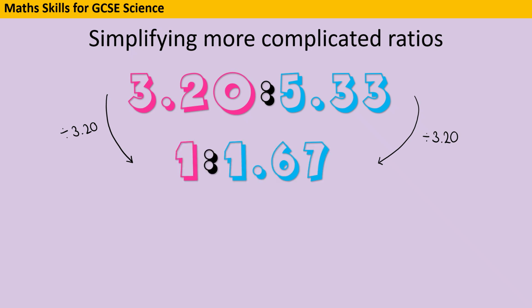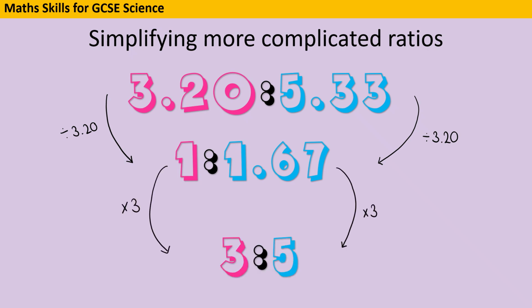So that then gives me a ratio of 1 to 1.67. Now that's still not a whole number ratio, but hopefully you can identify that 0.67 is the decimal form of 2/3. And that means that to solve this, we're now going to multiply everything by 3. And that gives us a ratio of 3:5.